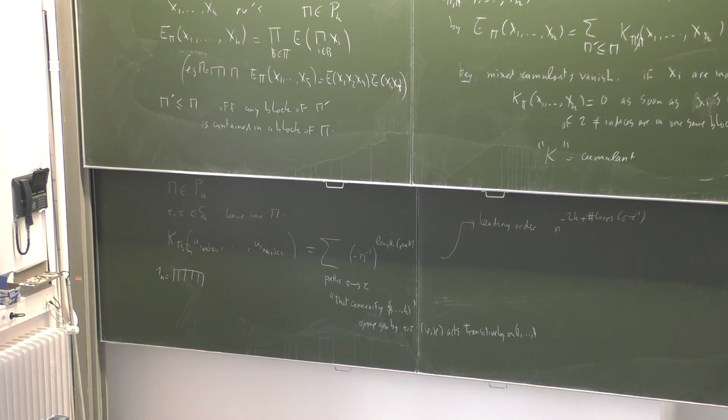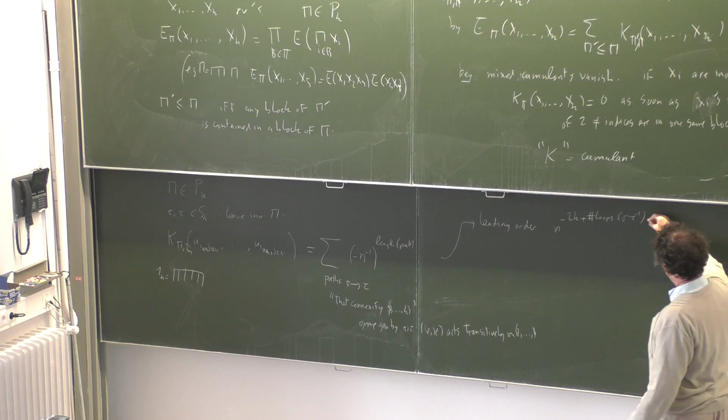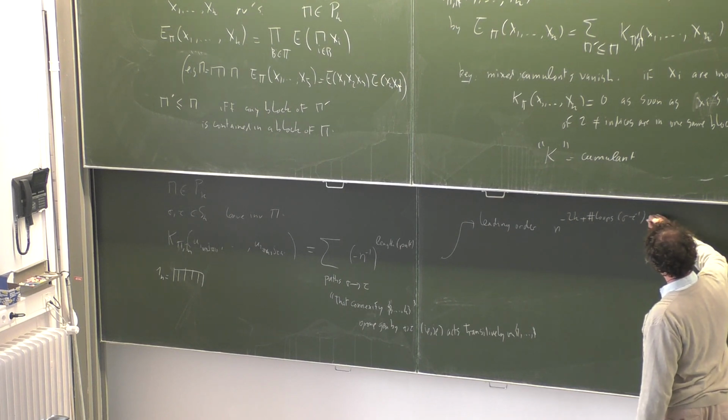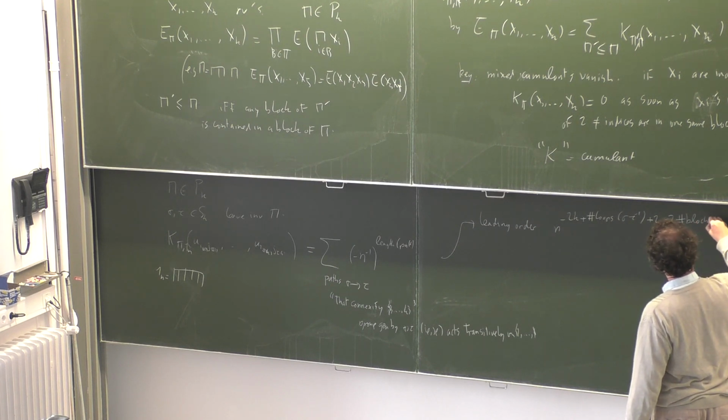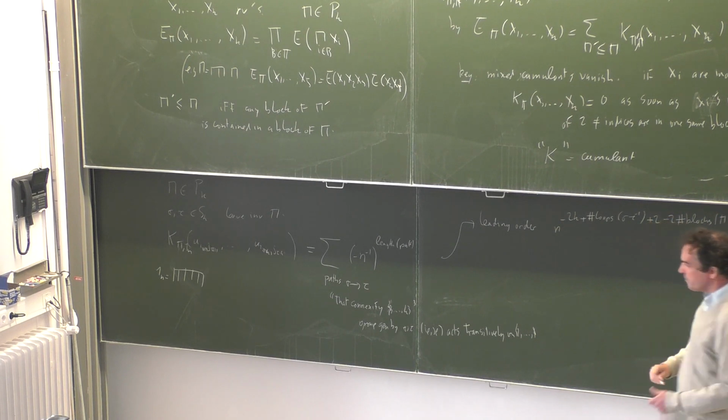And now the leading order becomes less, plus 2 minus 2 times the number of blocks of pi.